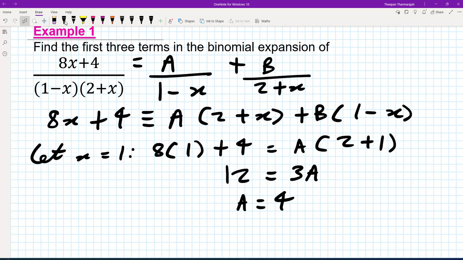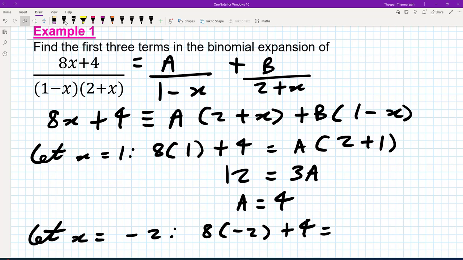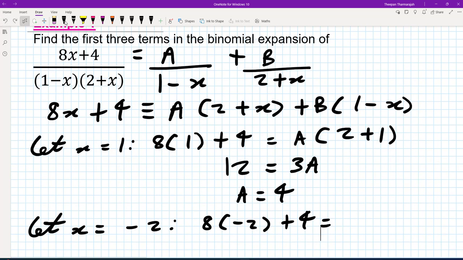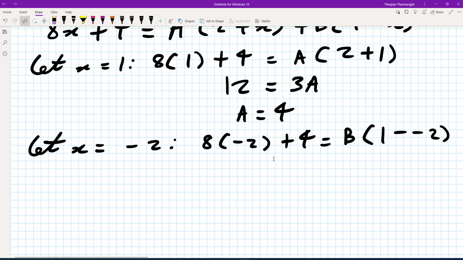Now we want to eliminate a, so we're going to say let x equal minus 2. So I get 8 times minus 2 plus 4 equals b times 1 minus 2. And what we end up with is as follows.